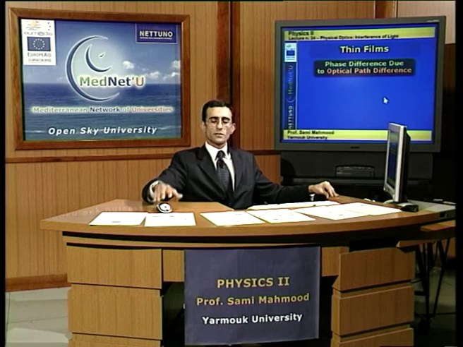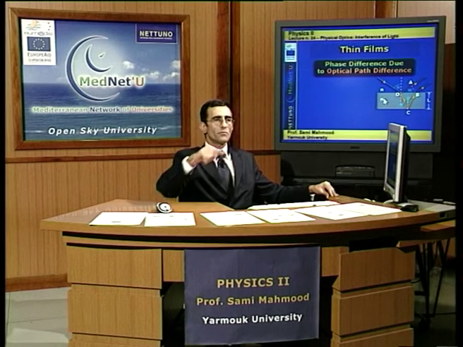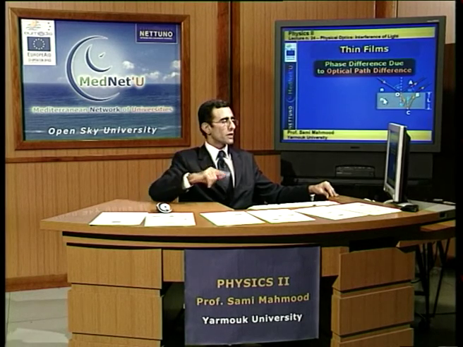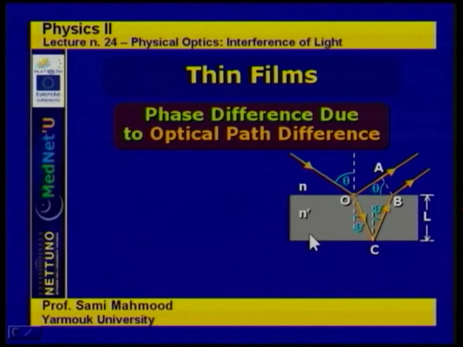So if we look at light being reflected from the top part and the bottom part of a film, these rays can interfere, and they can produce modulation of the intensity in space.